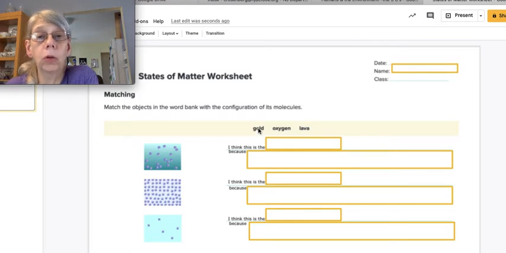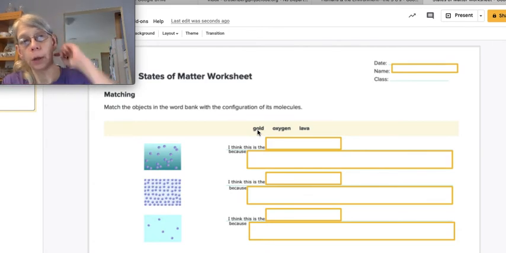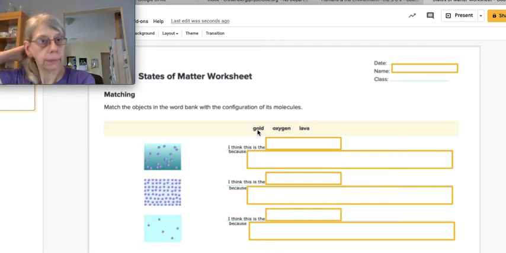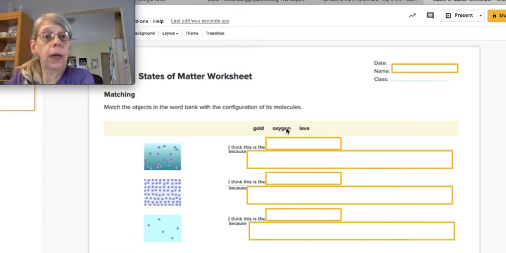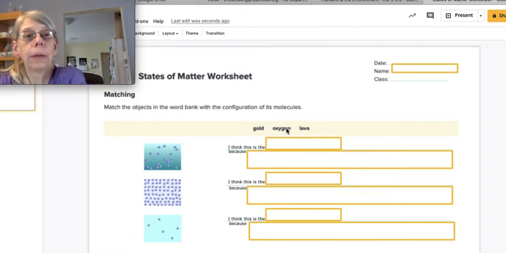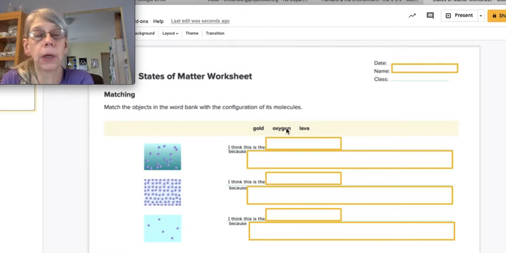Okay? Now gold. Gold is like your jewelry, if you have any. A ring, some earrings, a necklace. Okay? Gold, an ingot of gold. All right? Oxygen is part of the atmosphere. It's about 20% of the atmosphere, that oxygen, the kind you need to breathe in, the kind the plants around you are putting out when they do photosynthesis.